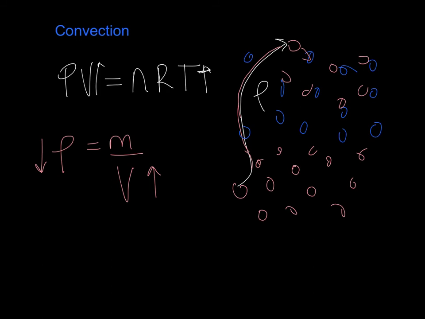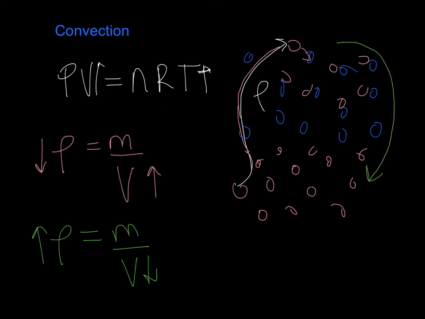Let me get a different color here. And the volume starts to drop. So we have rho equals m over volume. The volume now starts to drop, so the density increases, and those molecules start to fall back down again to near the heat source, which is over here. And when that happens, you can imagine the cycle continues.